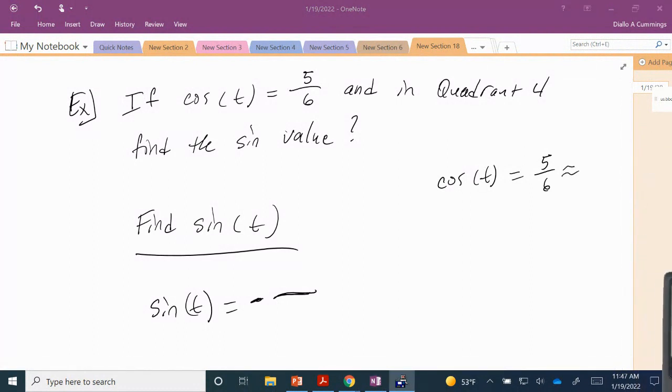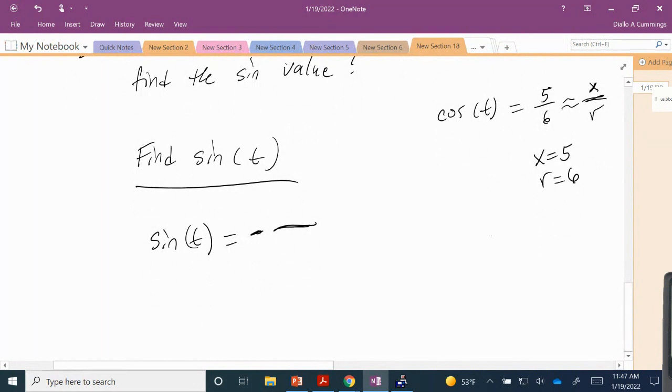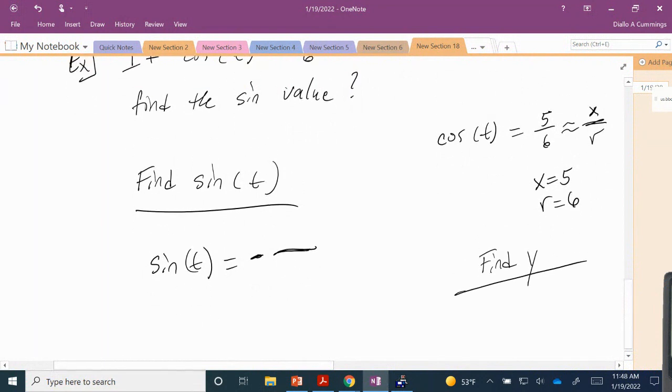From our six trig functions, the cosine is the x value divided by r. So x is going to equal 5 and r is going to equal 6. So I have to find y. How do you find y?